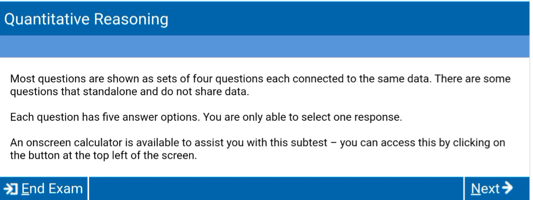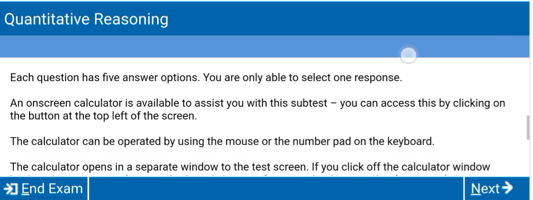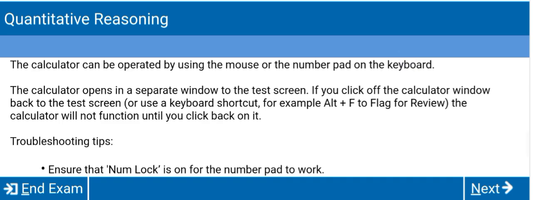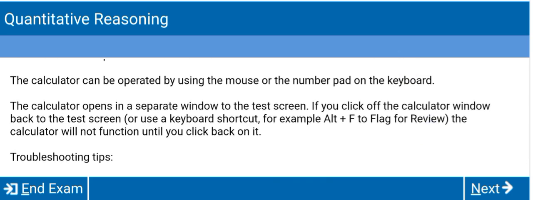An on-screen calculator is available to assist you with this subtest. You can access this by clicking on the button at the top left of the screen. The calculator can be operated by using the mouse or the number pad on the keyboard. The calculator opens in a separate window to the test screen.